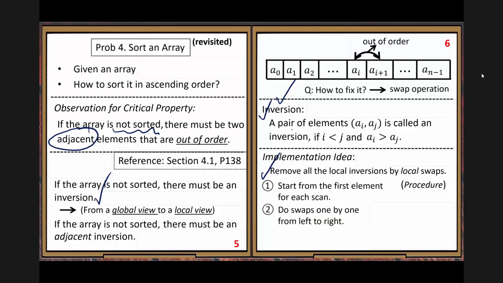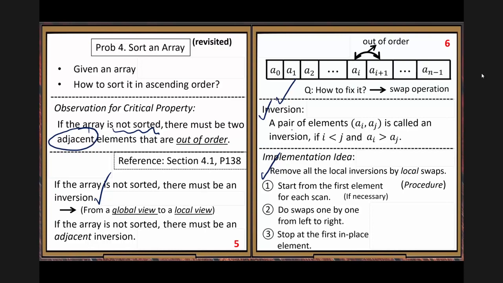If you discover an inversion, you just do a swap. If there is no inversion, you move to the next adjacent pair, and so on. You swap only if necessary, because sometimes you do not need to swap.